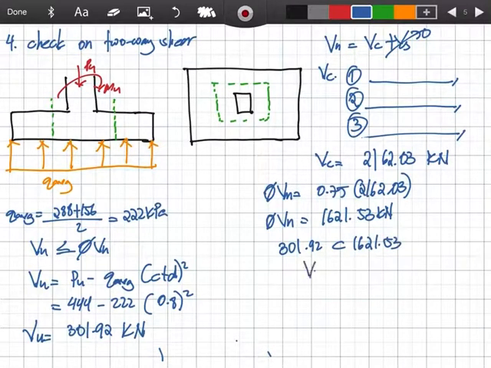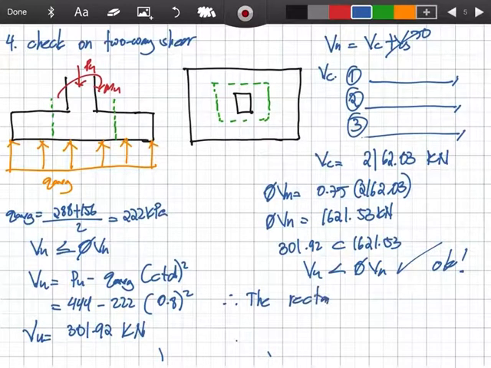So, Vu is less than phi Vn. Check. Okay. So, I'm not going to show the solution of this 1, 2, 3, you're going to do that in your notebook class and check kung tama yung sinolve ko, kasi baka mali ako, edi ulitin ko ulit tong lesson na to.